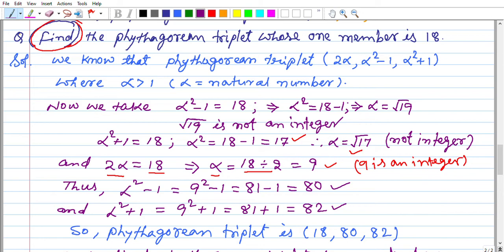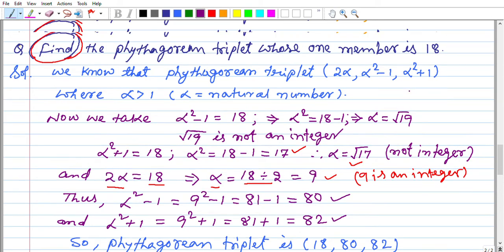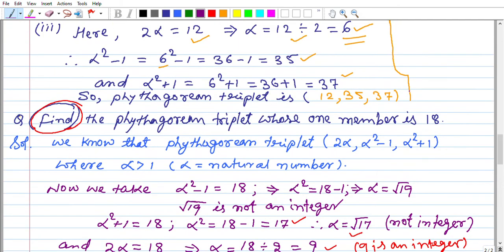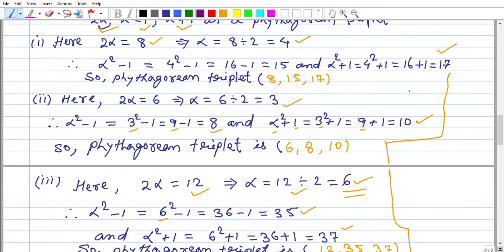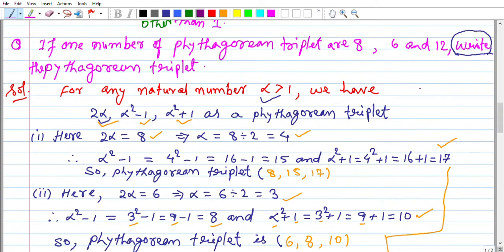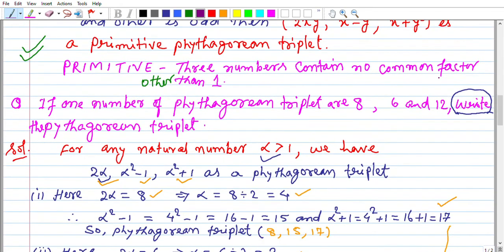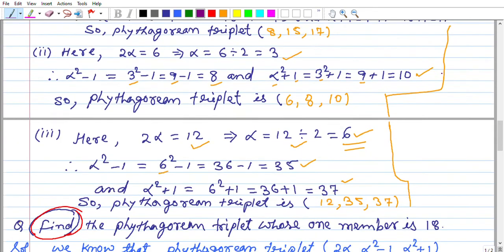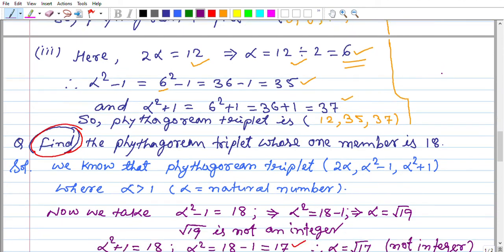Okay, and next I am going to show how to find the triplets in a second, or in 1 minute, without any basic concepts. It is helpful in competition also. I am trying to make you understand things which are very helpful in our examination, in our competition, in our daily life.